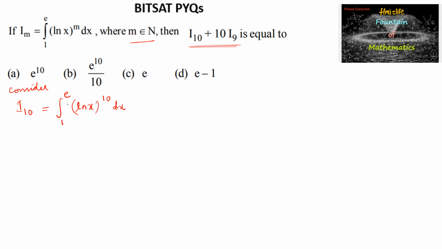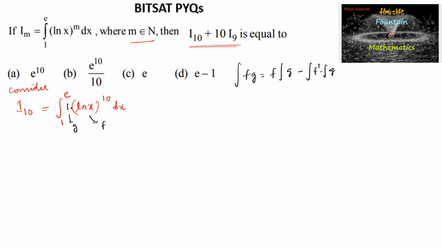Let us apply integration by parts. Since we know the differentiation of log x is 1 upon x, let us take the first function as log x whole power 10 and the second function as 1. And we know integral fg is equal to f integral g minus integral of f dash into integral of g.